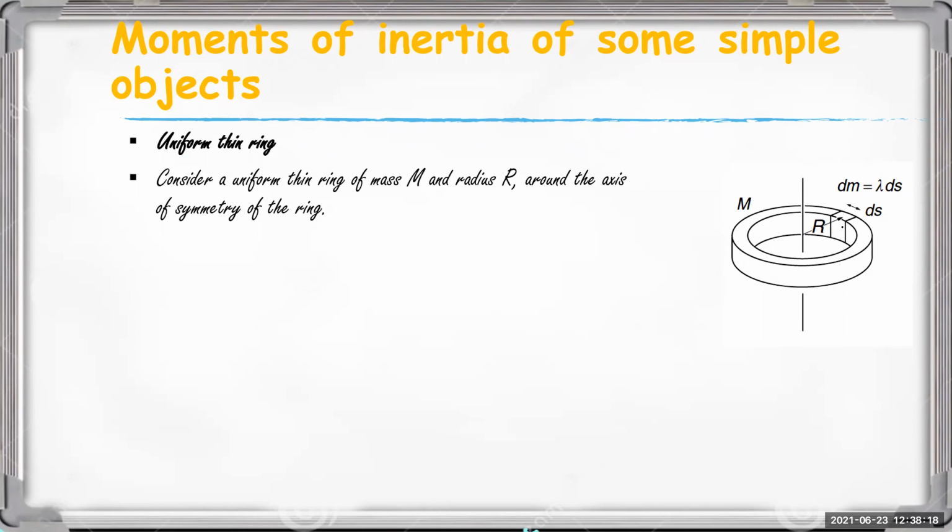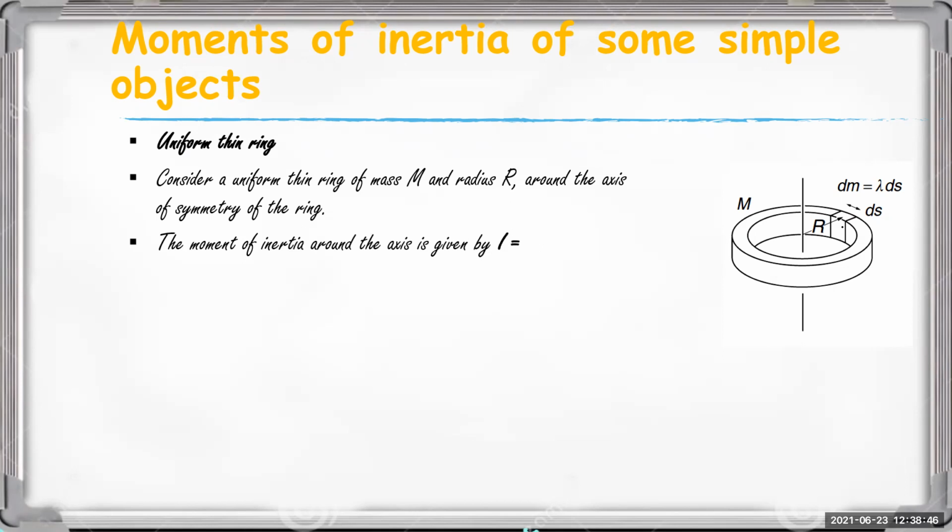So first we consider the mass per unit area as lambda.